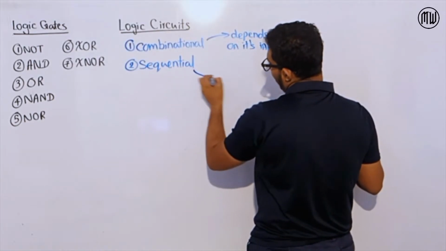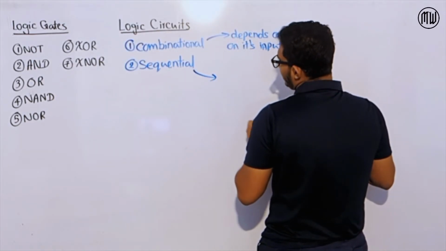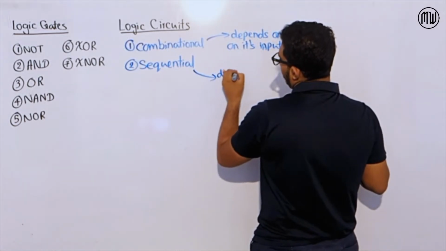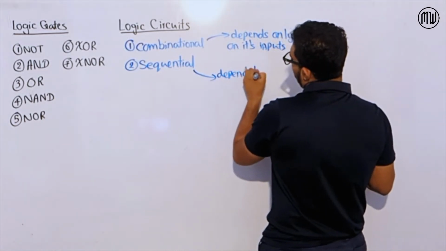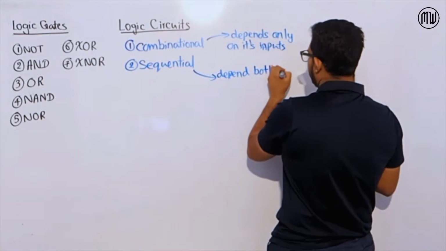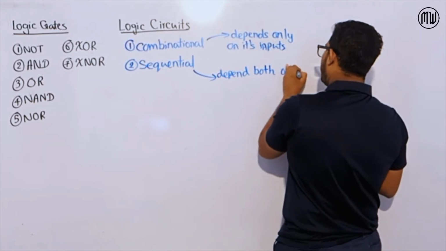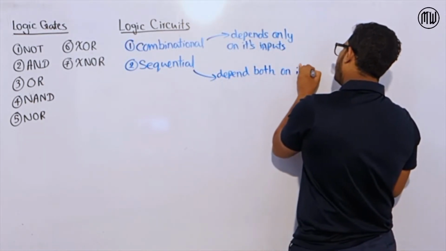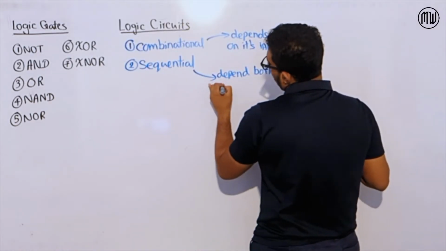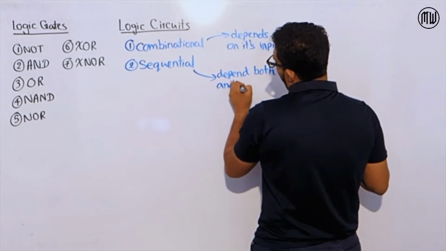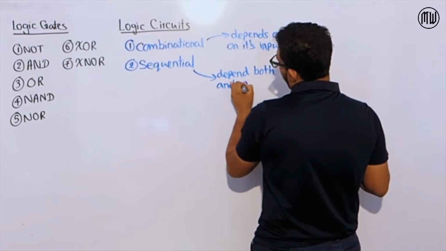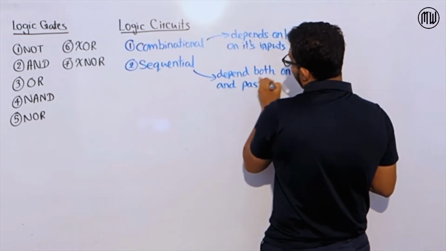But on the other hand, sequential circuits depend both on inputs and past states.